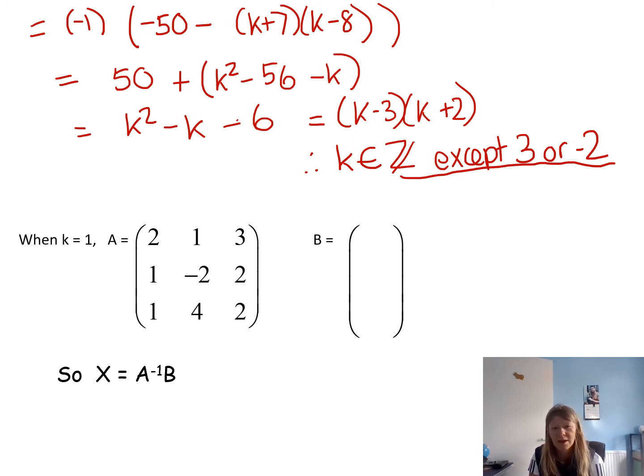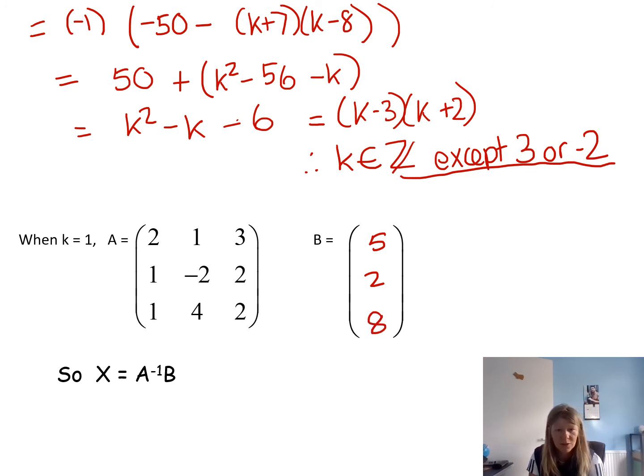Right, the question then said, if we let k be 1, what happens? What is x? Solve the simultaneous equations. So we'd then put this in our calculator and check it gives us a determinant, which it does. This was what it equaled. I can't flash back at the question or I lose a thing, but it was 5, 2 and 8.